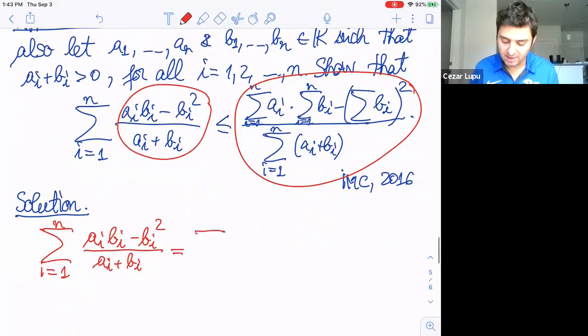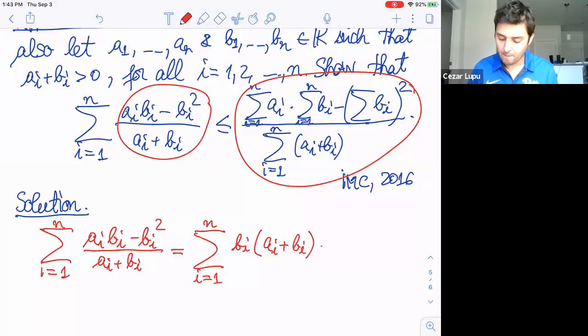So maybe I should do a trick in that sense. Maybe just force a factor. Let me take a b_i here. It's a_i plus b_i minus 2 b_i squared, right? So I add and subtract a b_i squared. That's what I do.